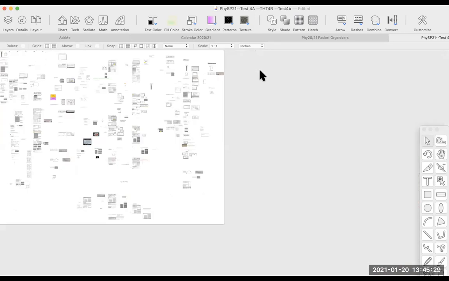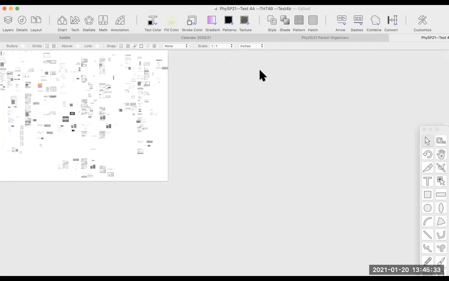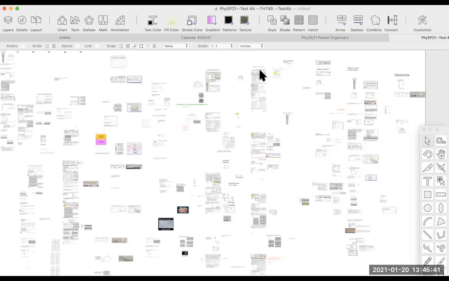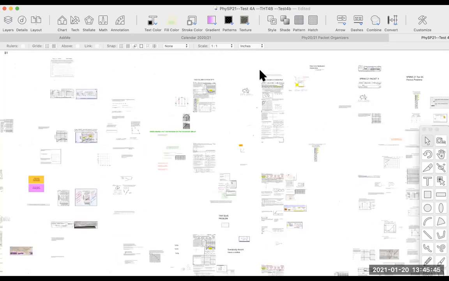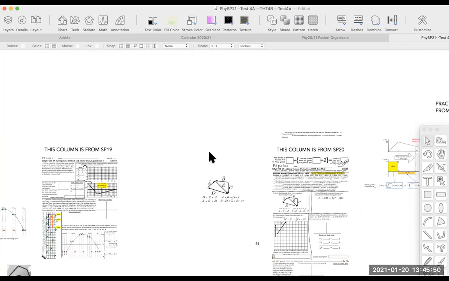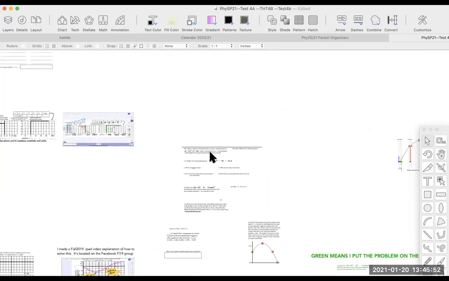And all of that stuff turns into 2 pages for your test eventually. That also includes take home, the practice problems, test 4A, test 4B, but it doesn't help you to zoom in and look because I haven't written it yet.